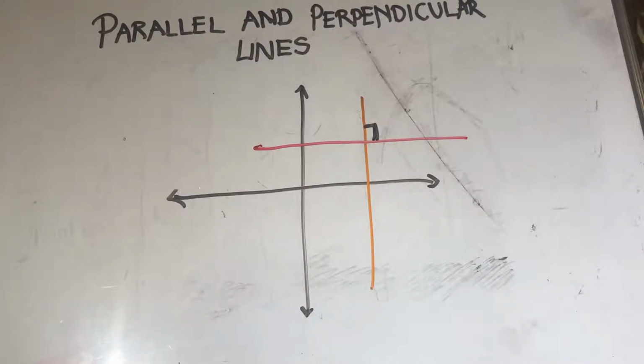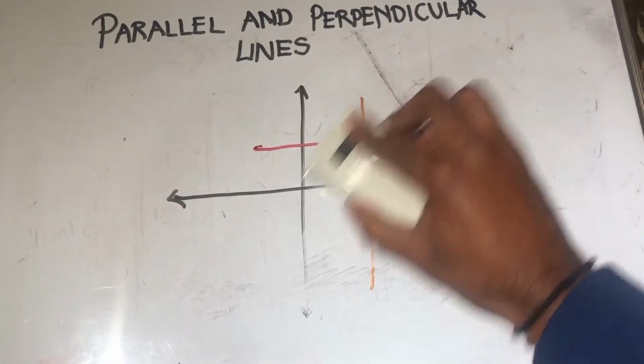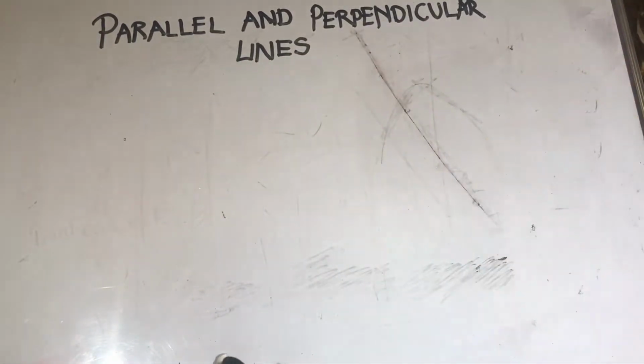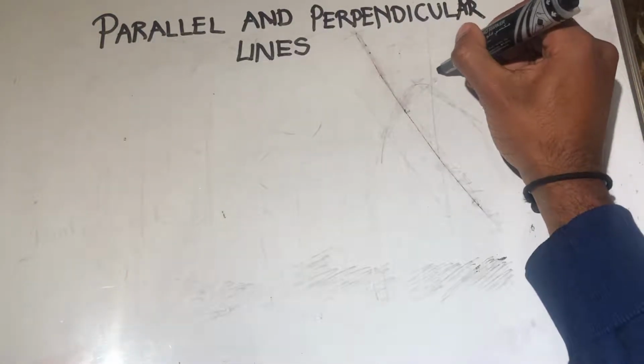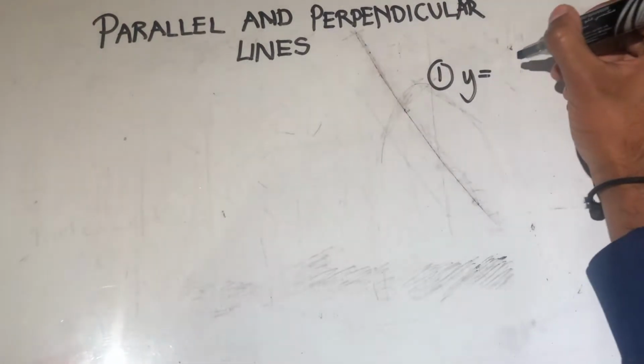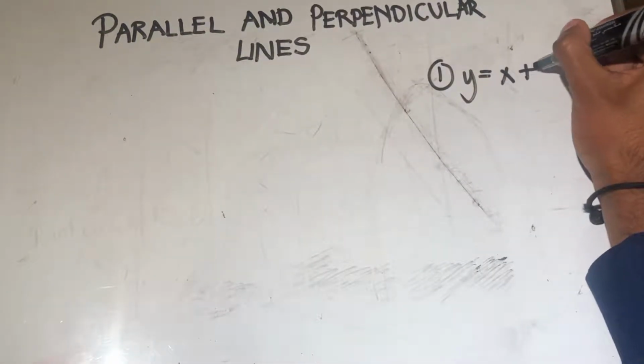Another way you can determine whether or not these lines are perpendicular is by looking at their slopes. Let's say I have an equation, y equals x plus 1.